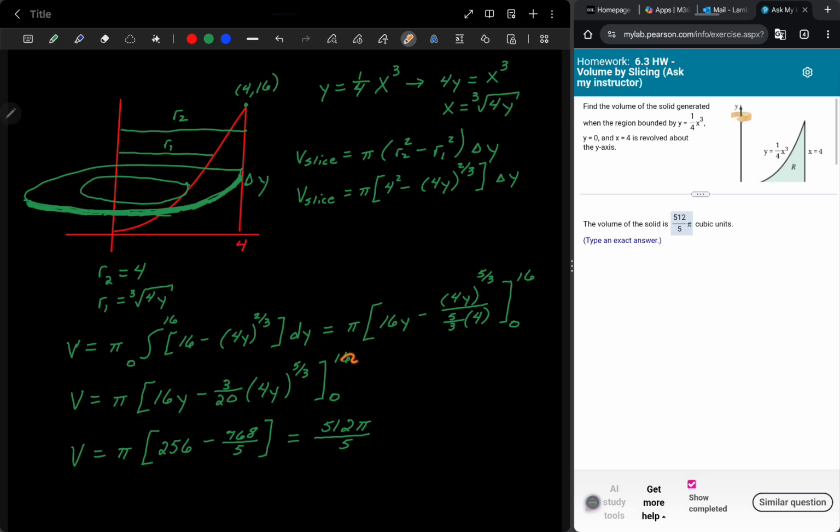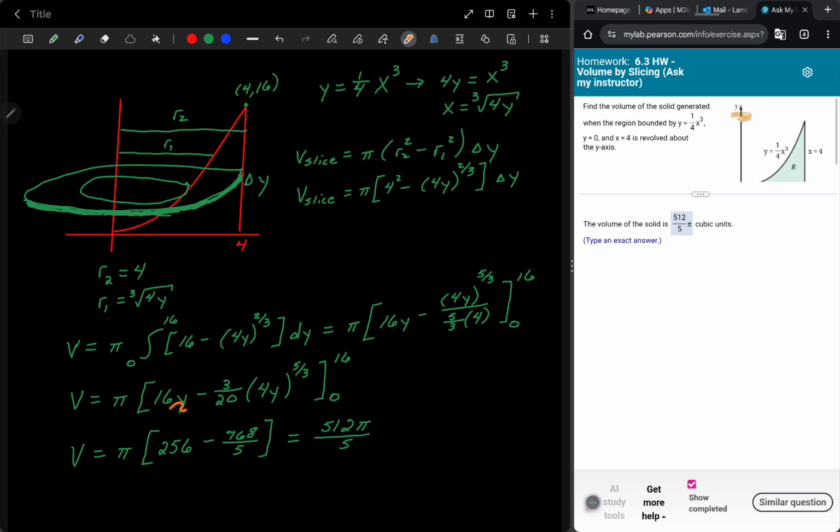So when I plugged a 16 into that, 4 times 16 is 64. Then I had the cube root of 64, which took me back to 4. Then 4 to the 5th power was 1,024. And 1,024 times 3 over 20 ended up giving me 768 over 5.